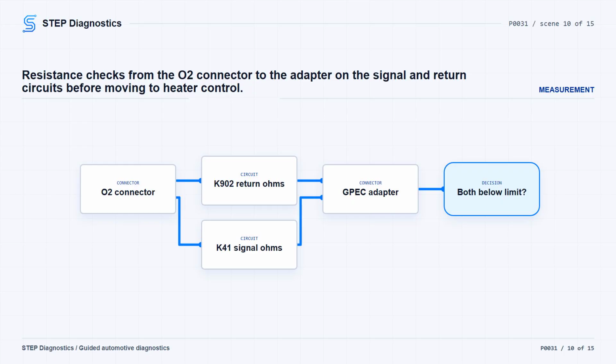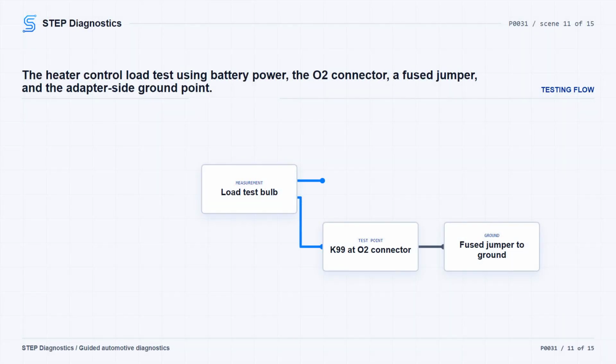Now load test the O2 sensor heater control circuit. Connect the load tool positive lead to battery positive. Back probe the heater control circuit at the O2 sensor harness connector with the negative lead, and use a fuse jumper wire to connect that heater control circuit to battery negative or a known good ground at the GPEC adapter.